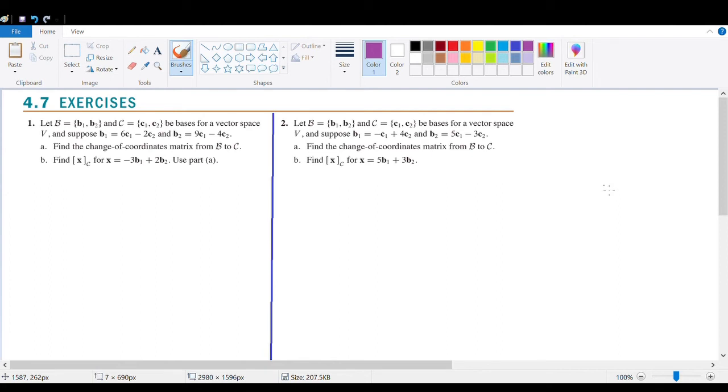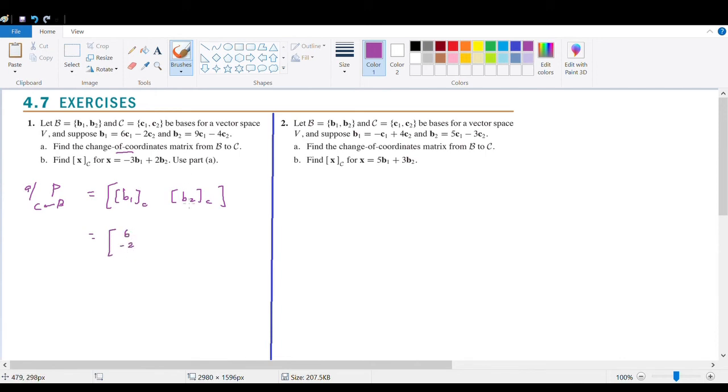So for the first part, we need to find the change of coordinate matrix from B to C. So we need to find this matrix, which is equal to the coordinate vector of B1 to the basis C and the coordinate vector of B2 to the basis C. Here B1 is 6C1 minus 2C2, so this is 6 minus 2.